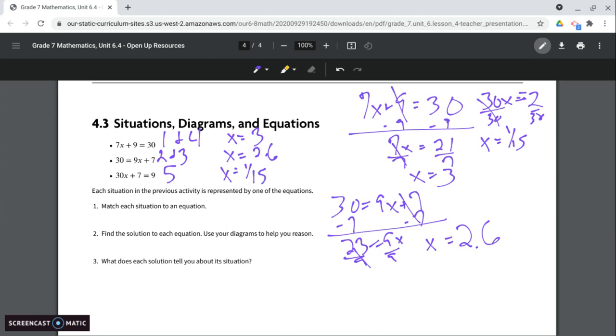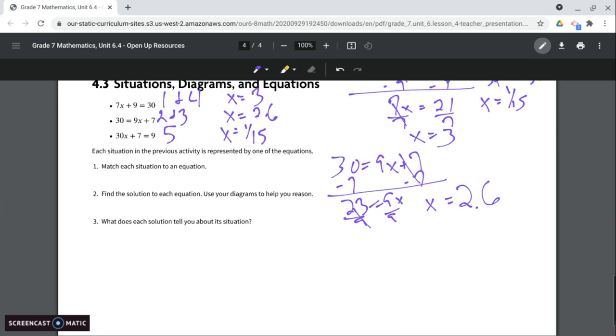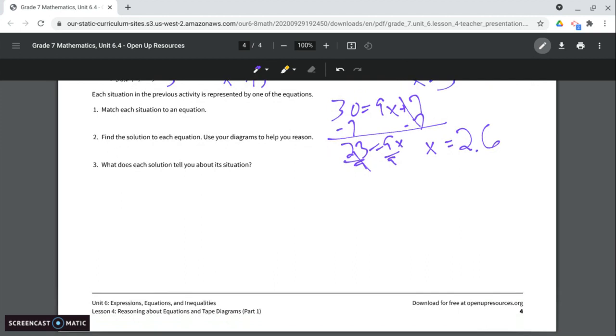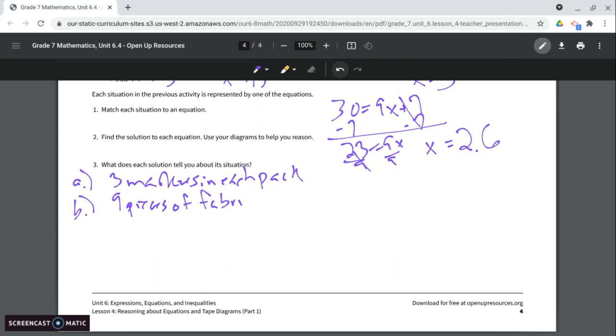So now what we want to do is, what does the solution tell us about our situations? So for the first situation, 3 markers in each pack. Second situation, 9 pieces of fabric, each 2.6 feet long.